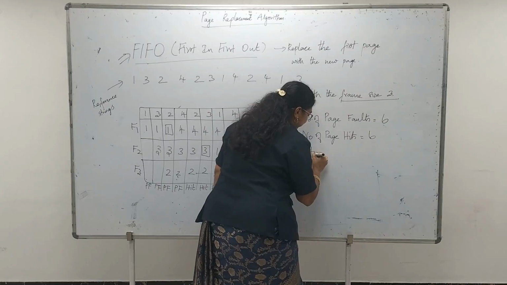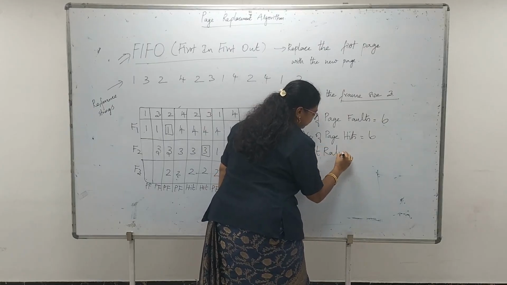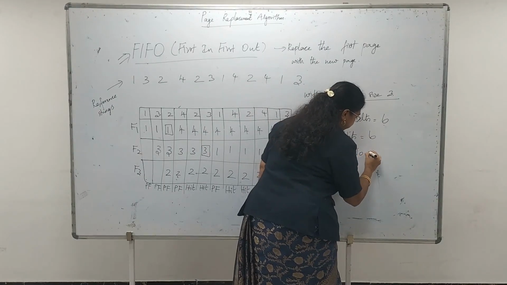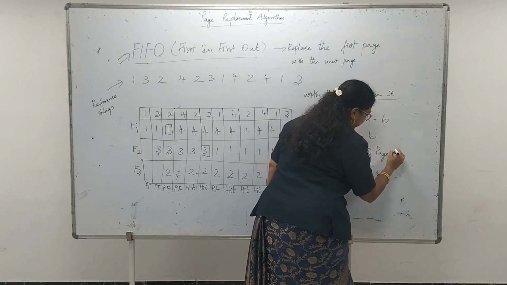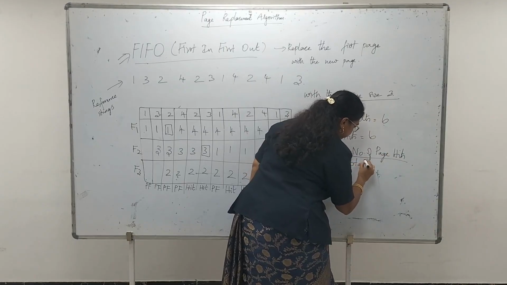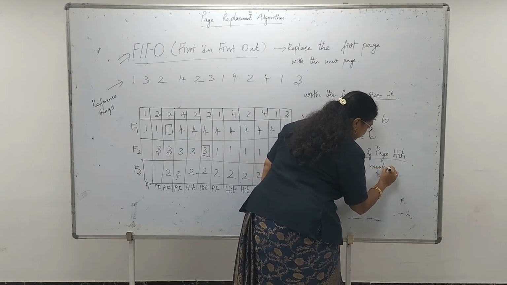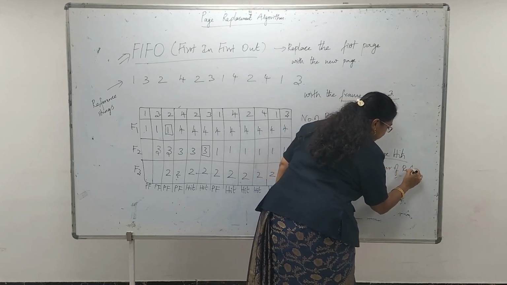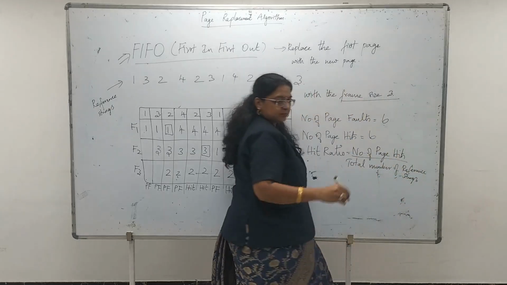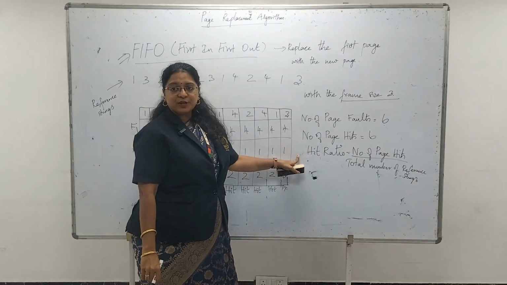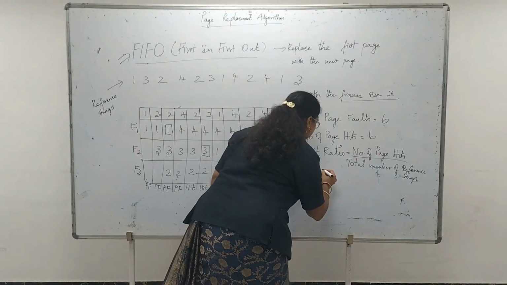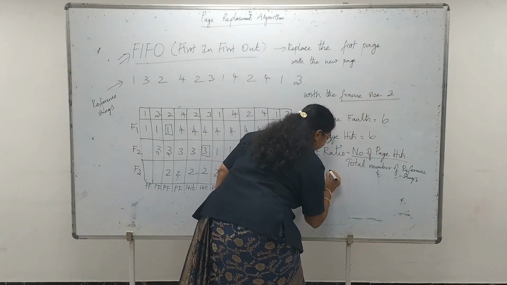Now we are going to calculate the hit ratio. That is number of page hits divided by total number of reference strings.